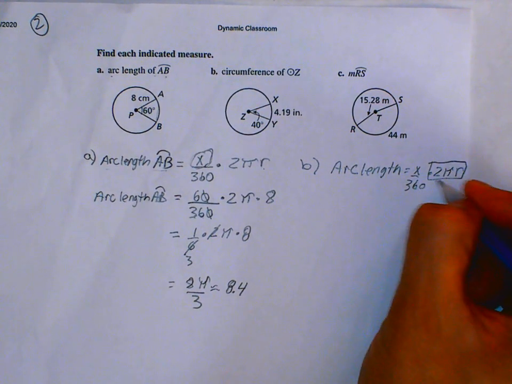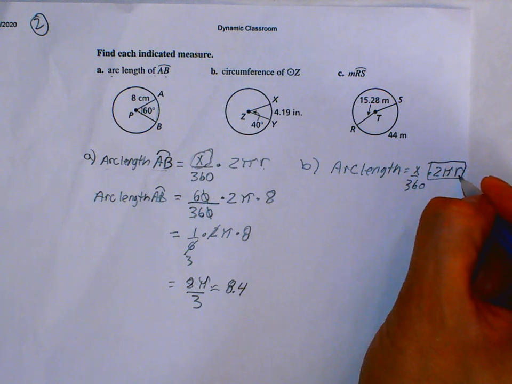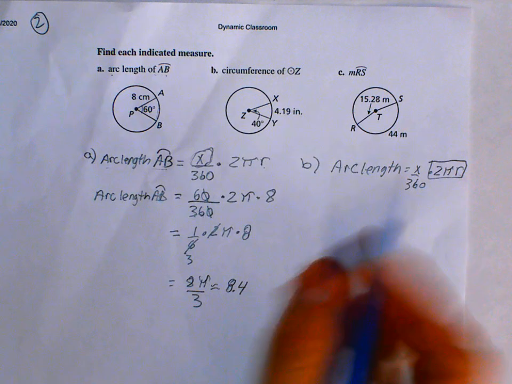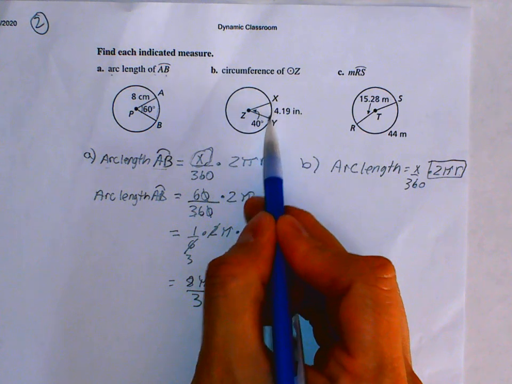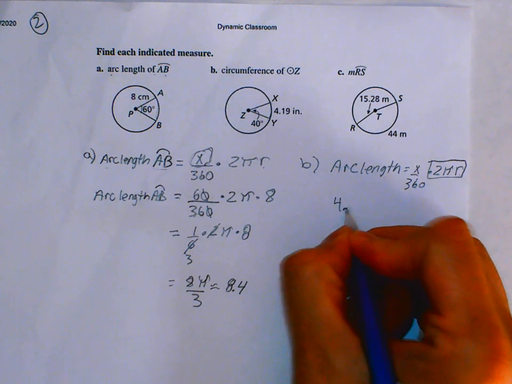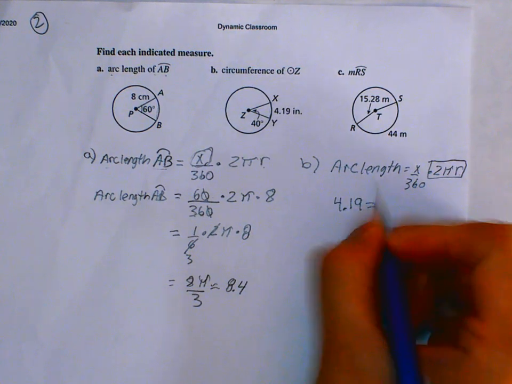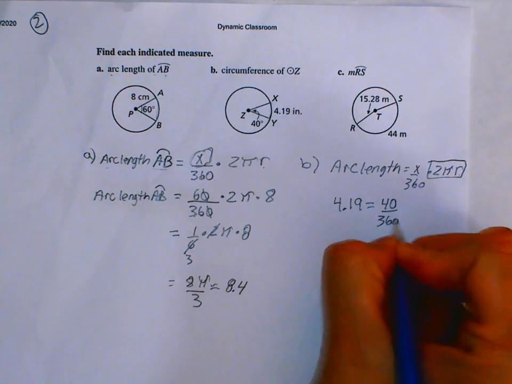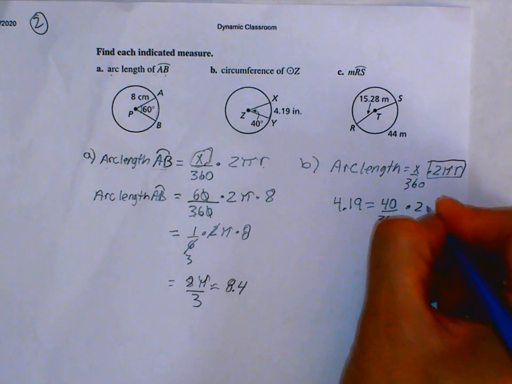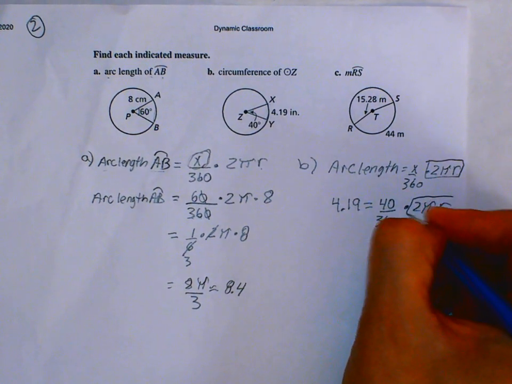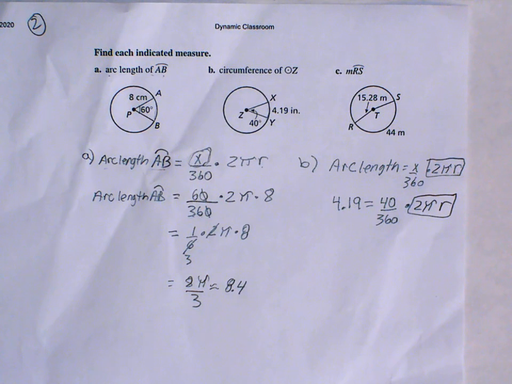So if you solve the equation for 2 pi r, then you have the circumference. So let's just plug things in. So the arc length right here happens to be 4.19. 4.19 equals, the central angle is 40 over 360 times 2 pi r. Now remember, I'm not solving for r. I don't need to. So 2 pi r is my circumference.